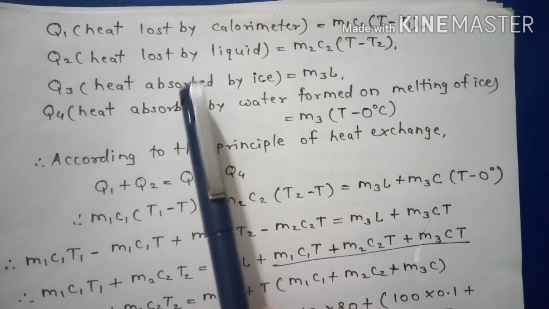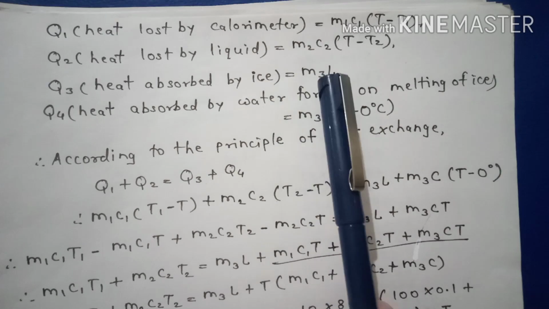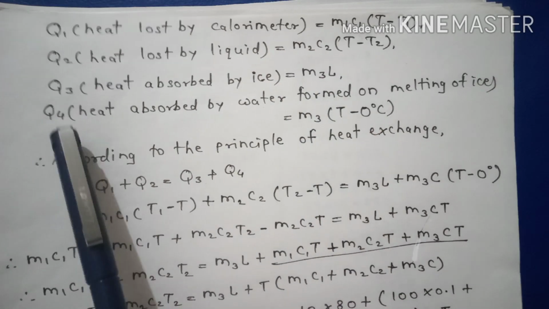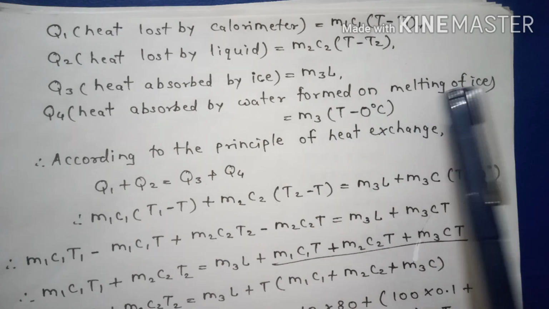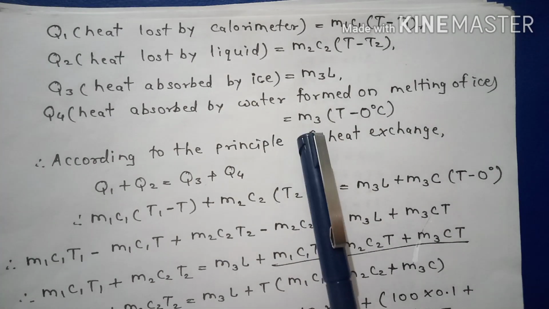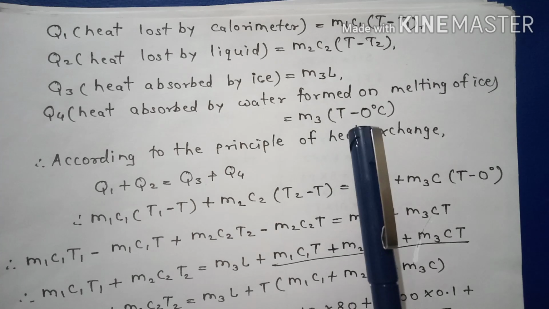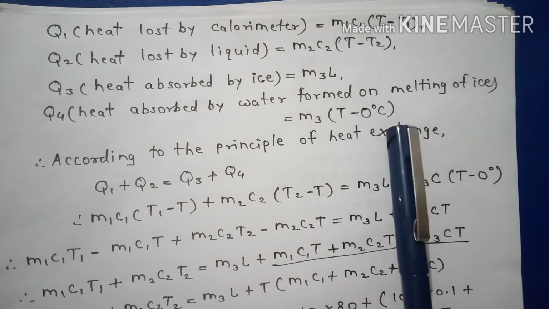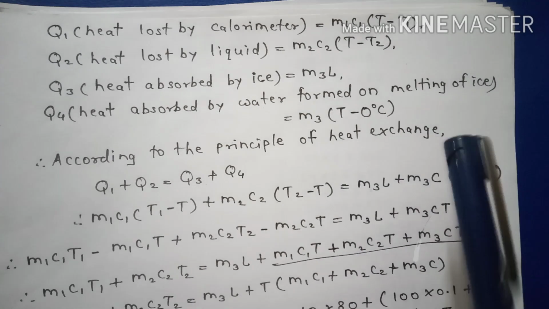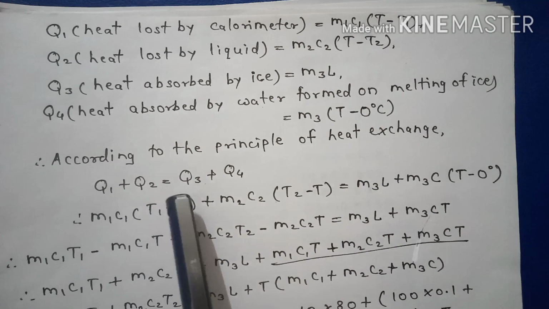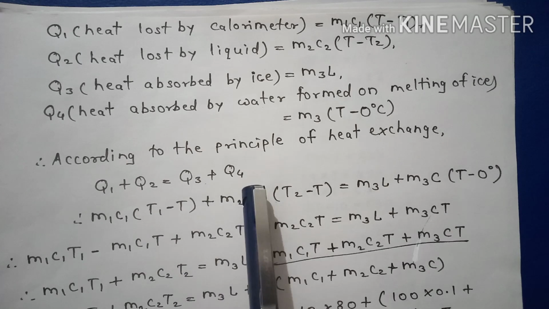Q3, heat absorbed by ice, is equal to M3 into L. Q4 is heat absorbed by water formed on melting of ice, that is equal to M3 into bracket T minus 0 degree Celsius. Therefore, according to the principle of heat exchange, Q1 plus Q2 is equal to Q3 plus Q4.